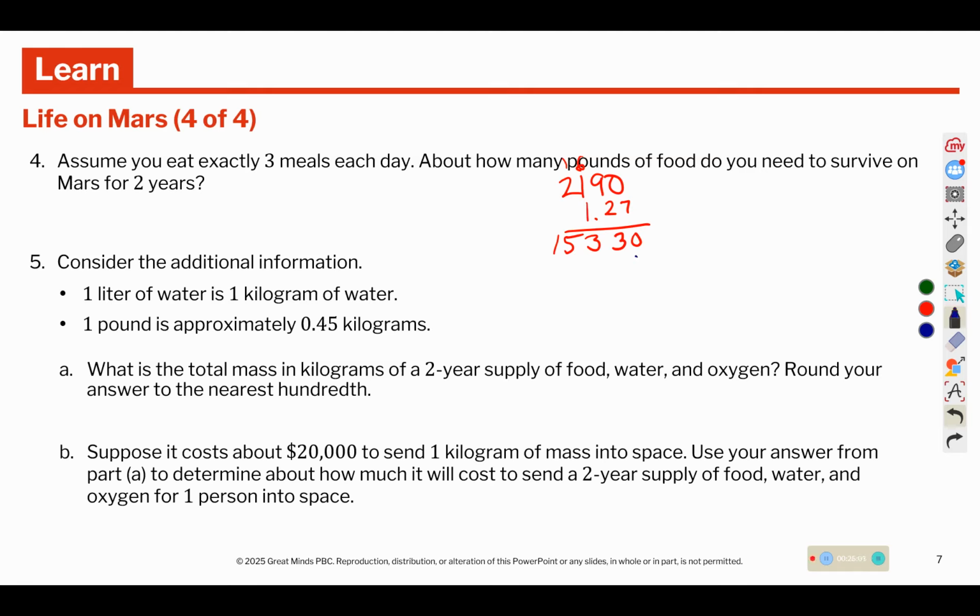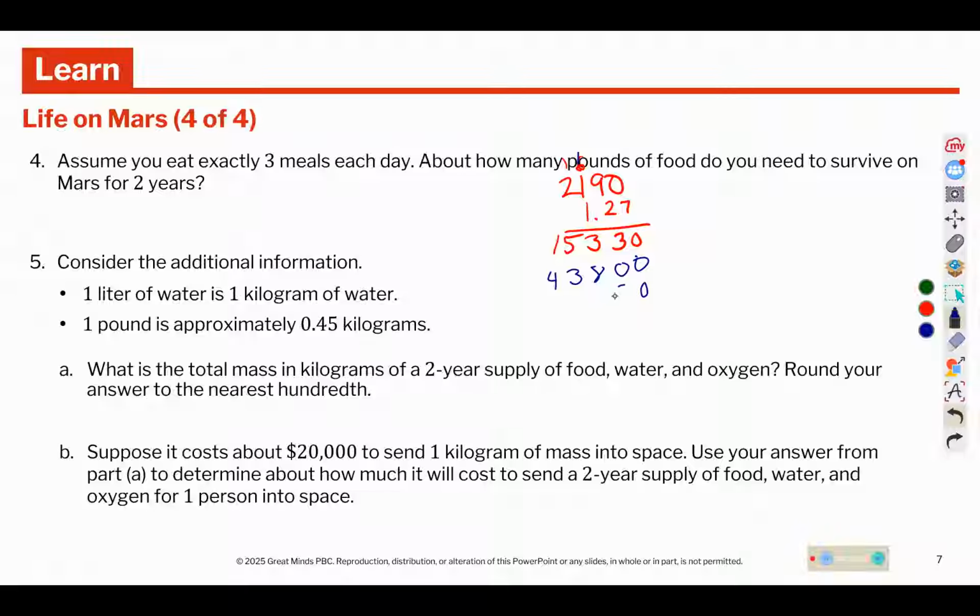Put a spacer. 2 times 0 is 0. 2 times 9 is 18. 2 times 1 is 2, plus 1 more makes 3. 2 times 2 is 4.